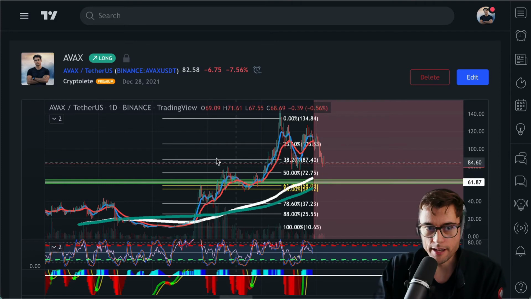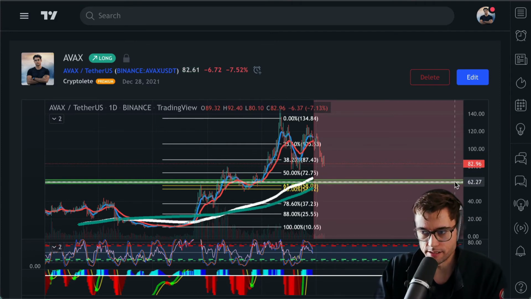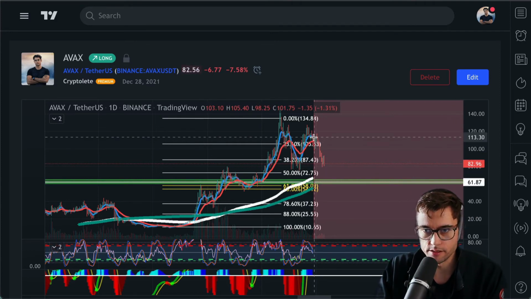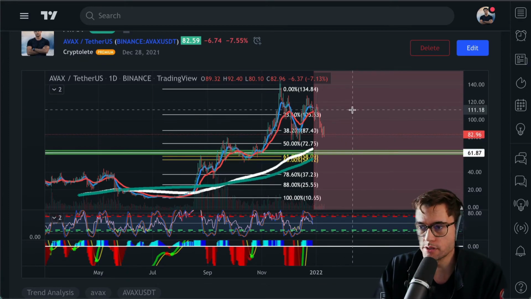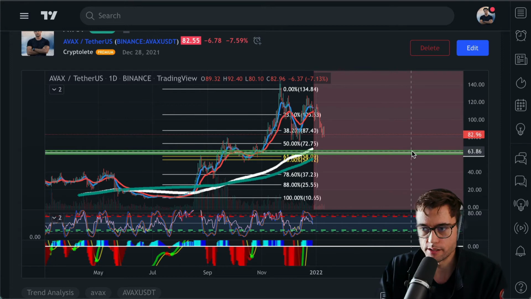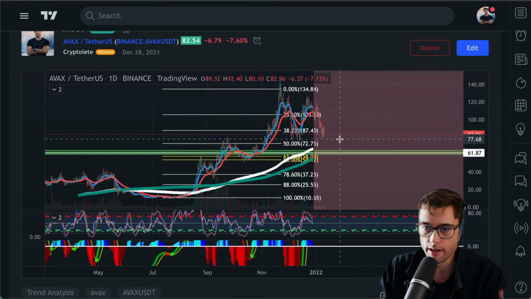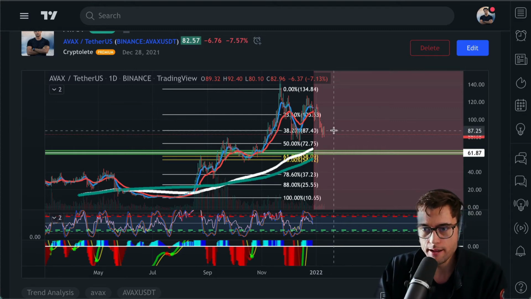All right, so for AVAX, I've been wanting to buy at $62 since December. It was all the way up at $120, and I was like, literally, I want this at half price, and it seems to be on its way down. I don't know if it will continue to have the support at $78 or not, but if it comes down to $62, I am definitely going to buy it.